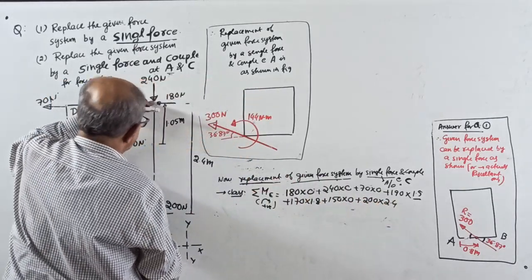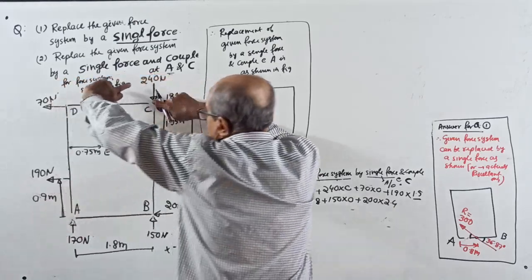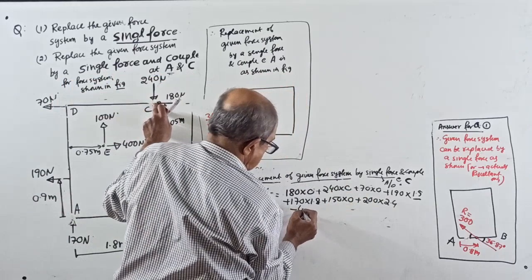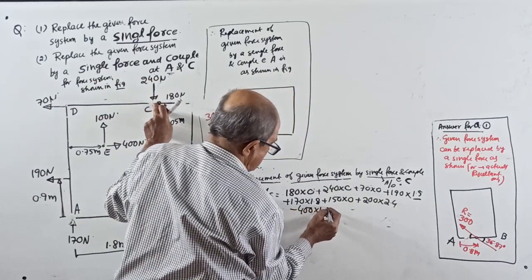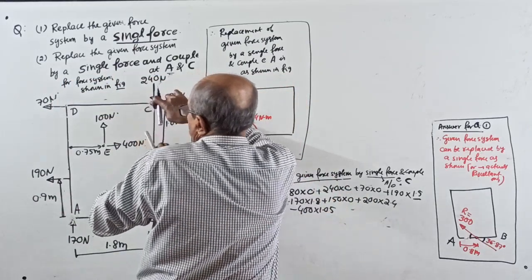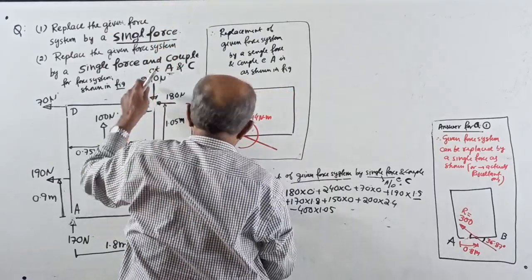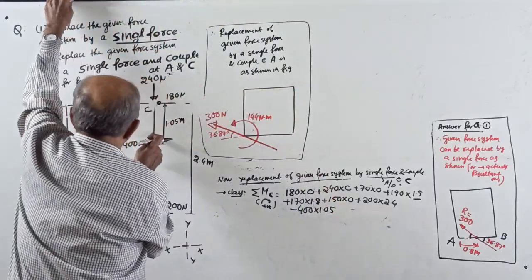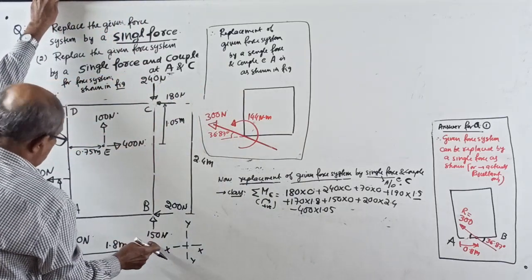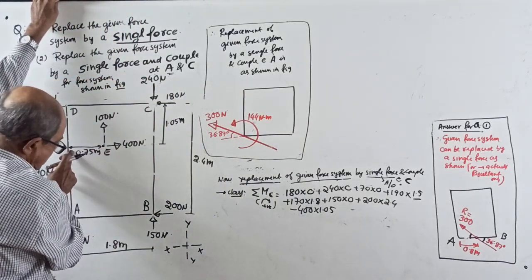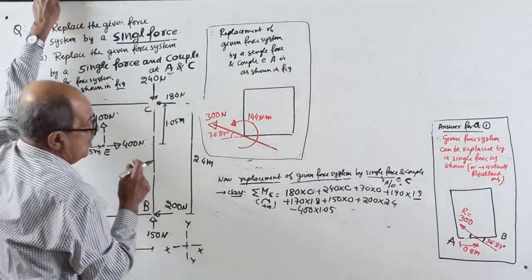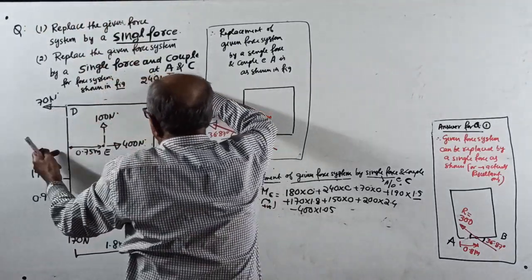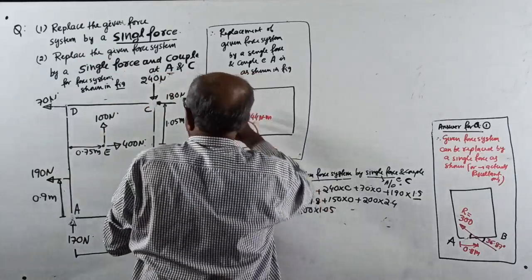Minus 400 into 1.05. Plus 100 into 1.05. That is 1.8 minus 0.75, which is 1.05. 400 into 1.05, that's correct.